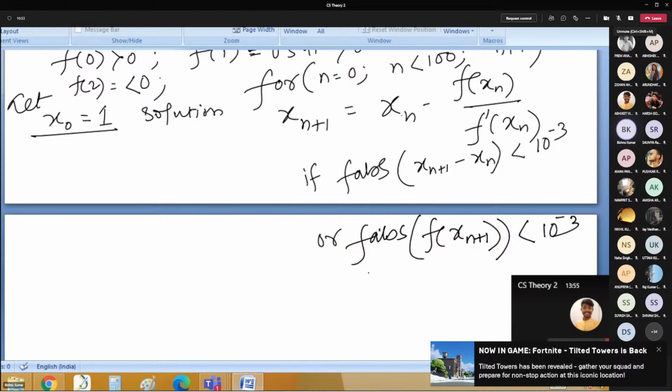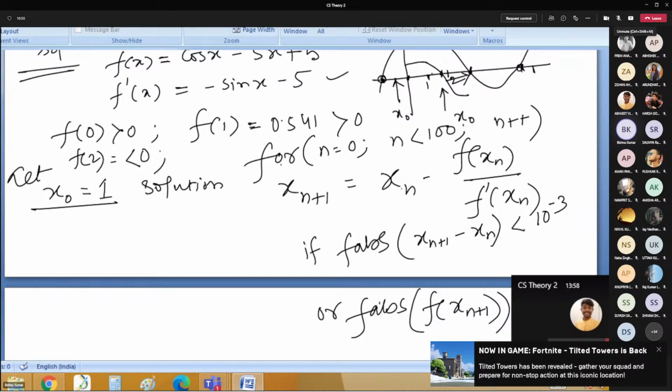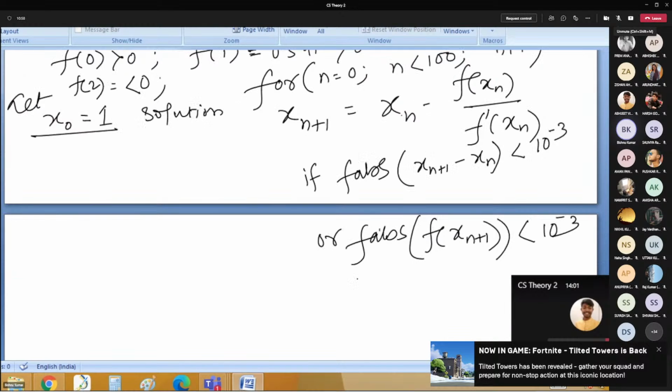Then you have to stop the iteration. Obviously the loop will break, and outside it you print the solution.